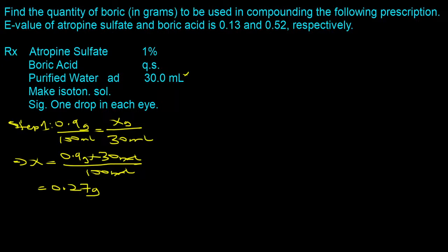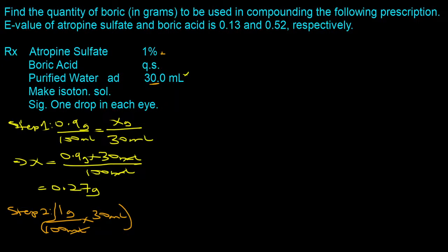You move on to step 2, and in step 2, you're going to find the contribution from the atropine sulfate. It is a 1% concentration, so we do 1 gram out of 100 milliliters times the volume, which is 30 milliliters.